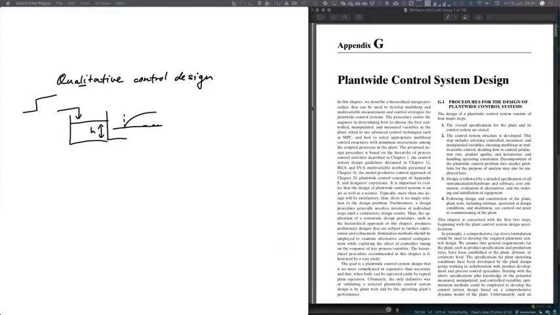So quantitative, and let's also call it procedural, right? The qualitative approach is to say, well, I will draw a thing that looks like this, and then I will reason about the behavior of the system, and I will come up with a diagram like this.